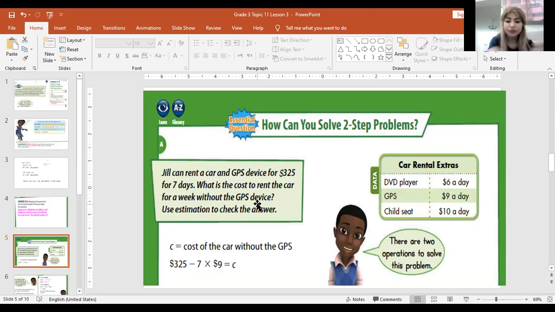Let's go and see. Jill can rent a car and GPS device for $325. So this is the whole cost that she wants to pay, 325. So this whole one equals $325.